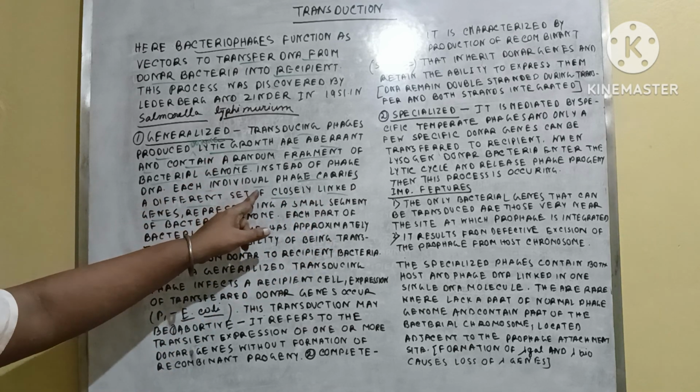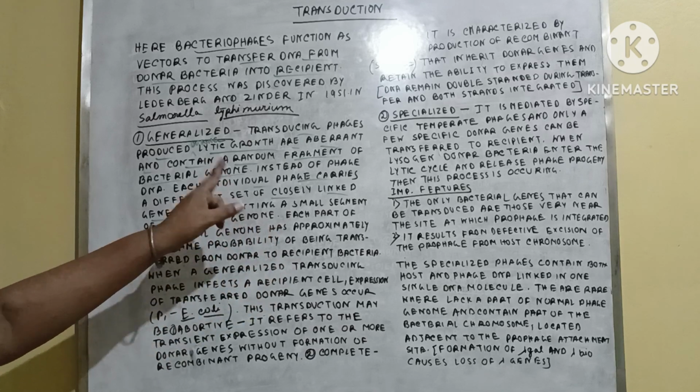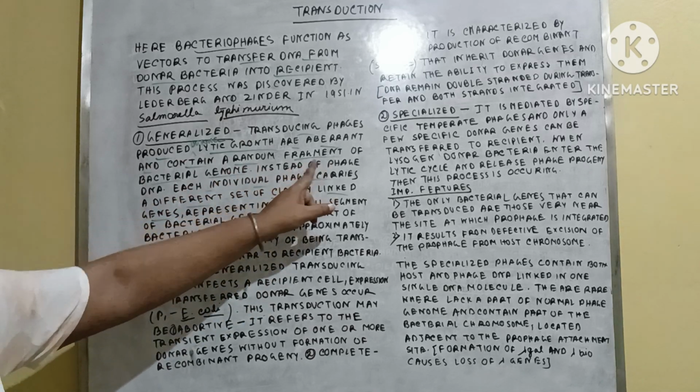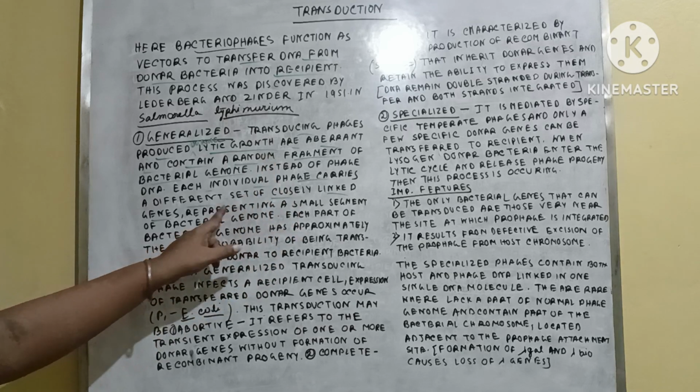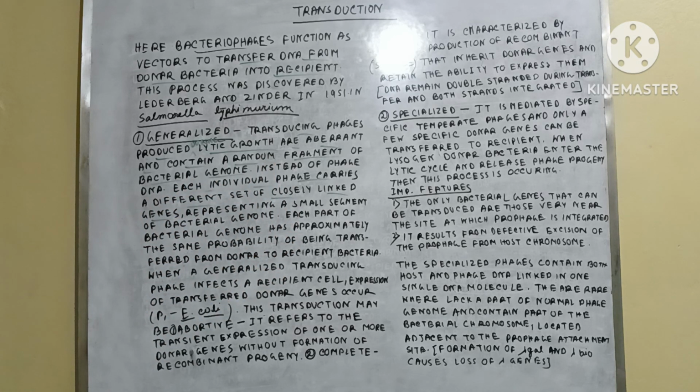That means the phage DNA is absent. Instead of phage DNA, only one set of different kinds of genes is present, representing a small segment of the bacterial genome.